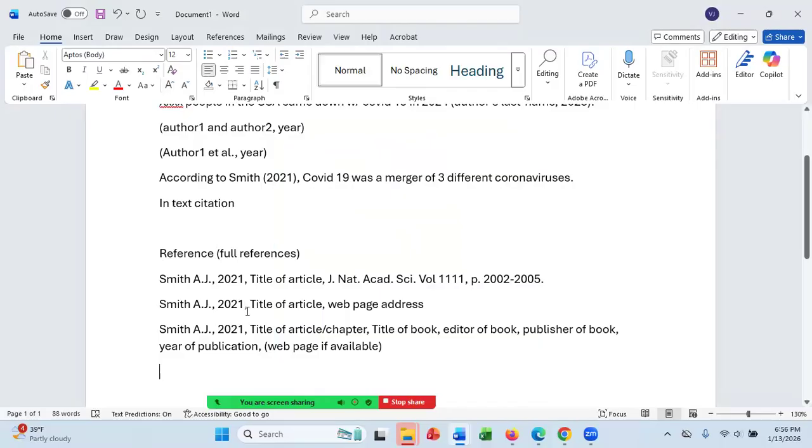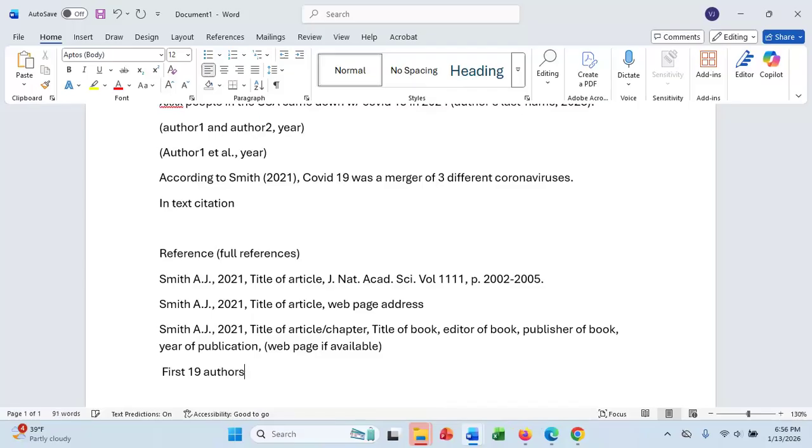If there's more than 20 authors, you spell out, I think, the first 19, and then you can go dot, dot, dot, and then give the last 20th author, the last author.